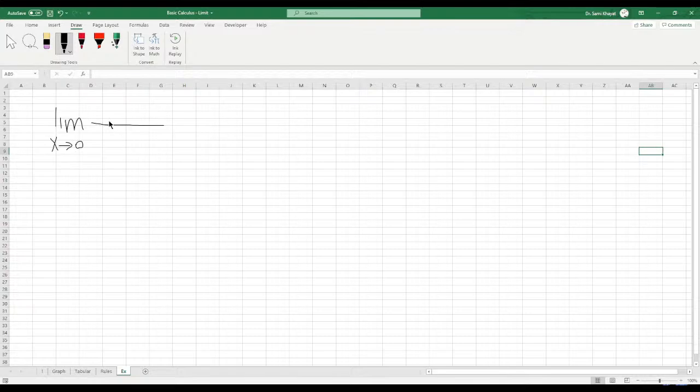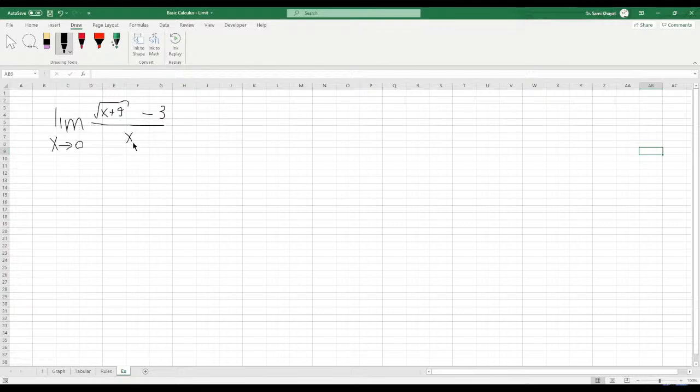Let's say this one is the square root of x plus 9, both of them inside the square root, minus 3, divided by x.